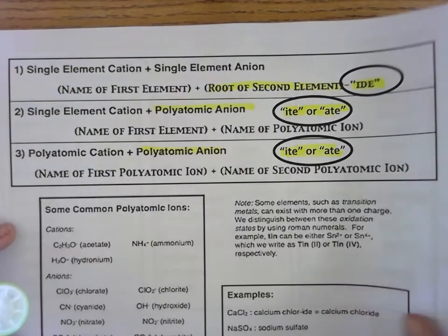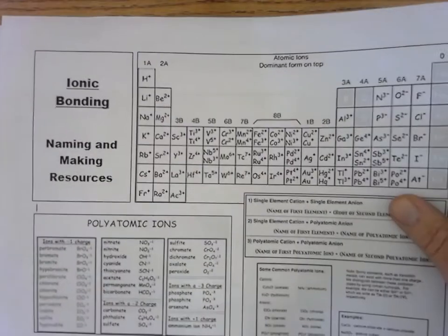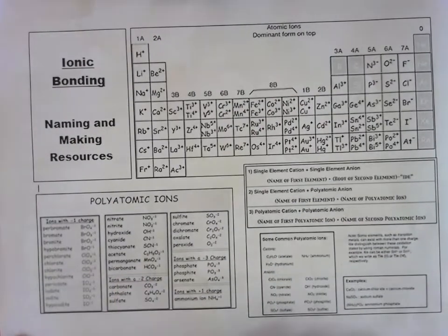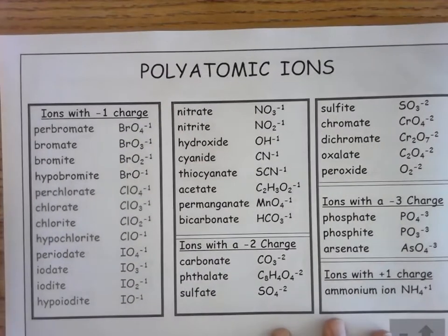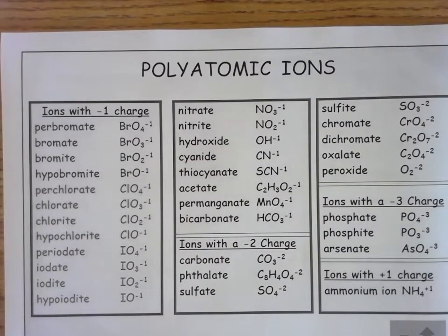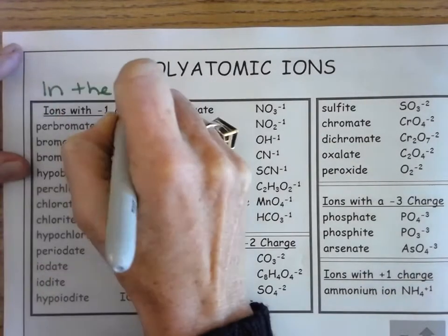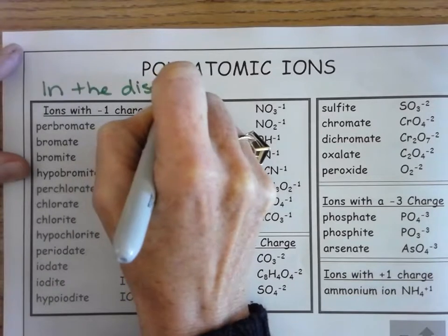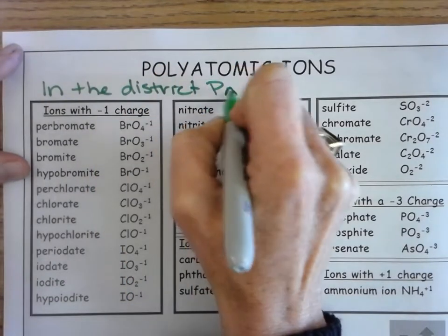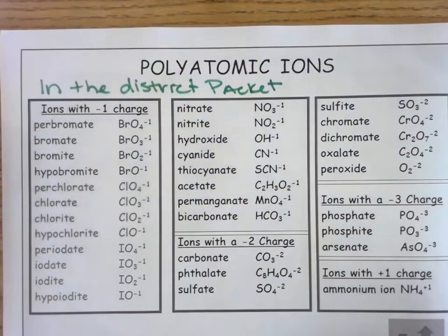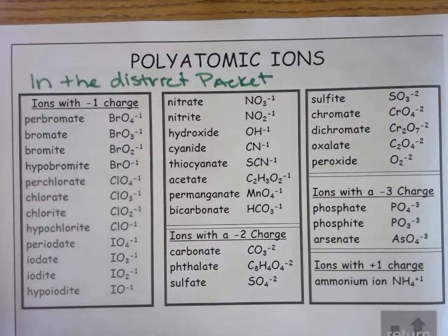Also on this particular chart, we're going to focus on this bottom box for a second. So here it is larger. Hopefully you've already done the note that's in the district packet, so you don't have to memorize polyatomic ions for Collier County. First, I'd like you to notice the endings.